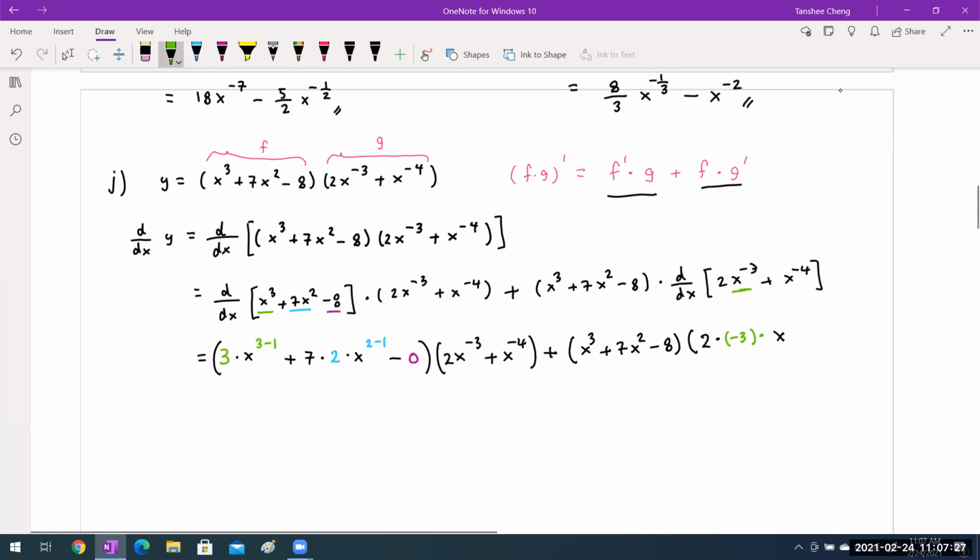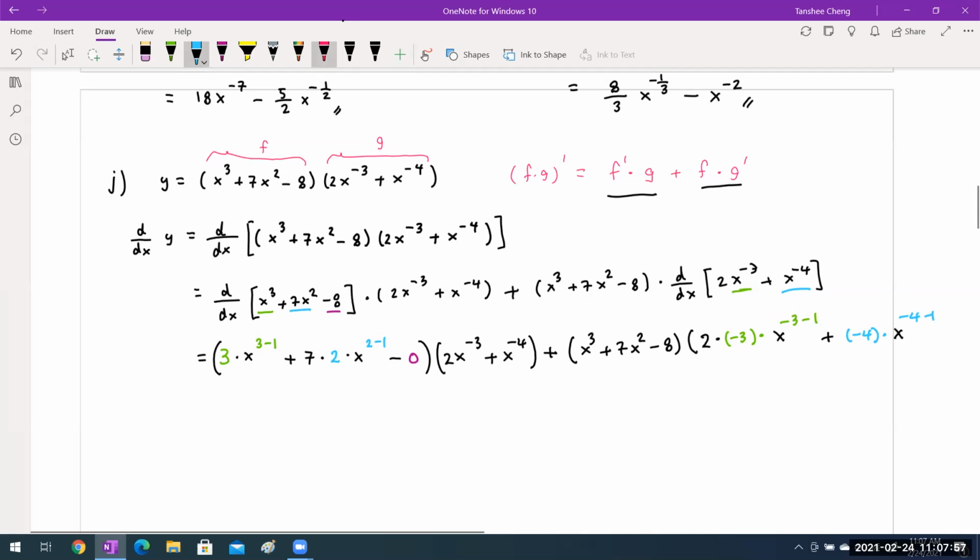X to the negative 3 minus 1 power. And then plus, now I'm going to take the derivative of the x to the negative 4 power. So this will be bringing down negative 4 and then times x to the negative 4 minus 1. And then close parentheses, right?